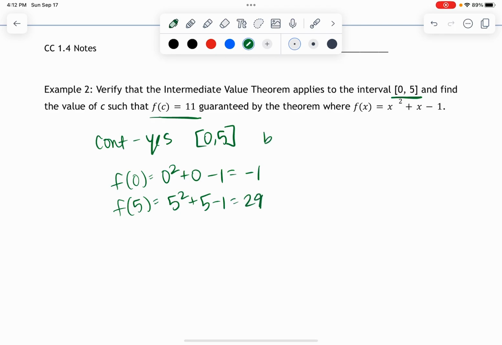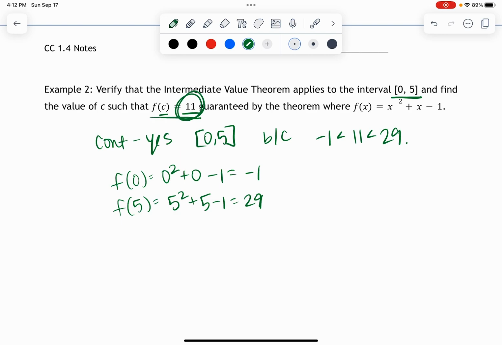So because negative 1 is less than 11 is less than 29, 11 is the y value that is in question. Because negative 1 is lower and 29 is higher, there will be a y value, or a height, of 11, and we have to find the x value that is associated with that.